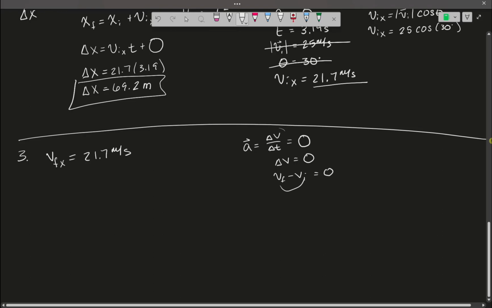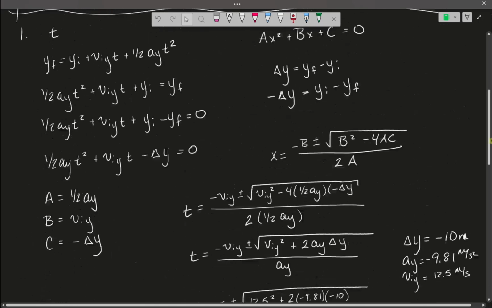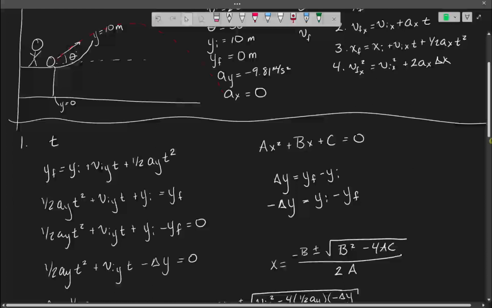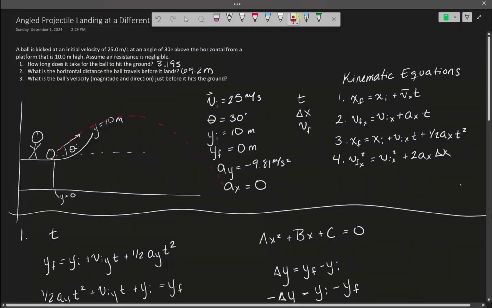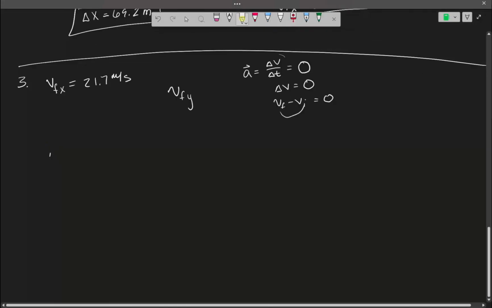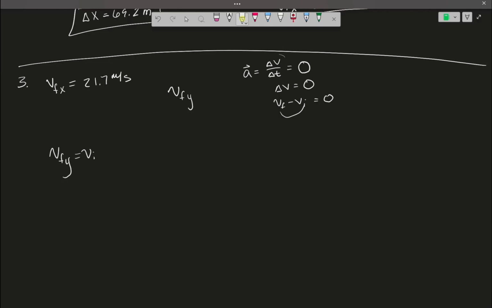So I now need to determine what is the final velocity in the y direction. The easiest equation for me to do this is going to be the second equation here. So I have that my final velocity in the y direction is going to be equal to the initial velocity in the y direction plus the acceleration in the y direction times time.